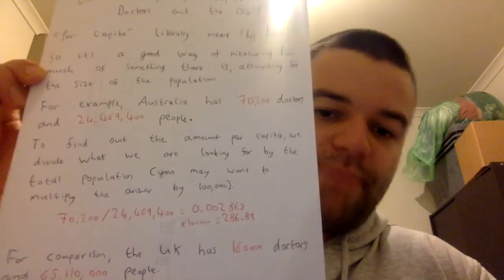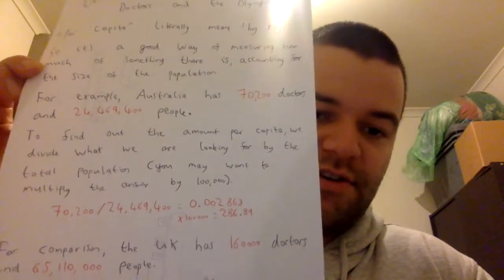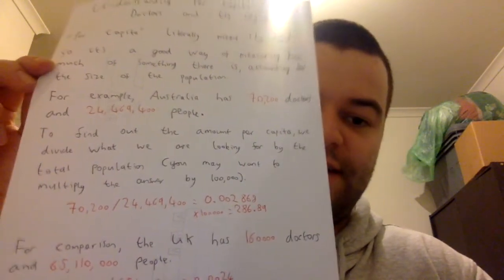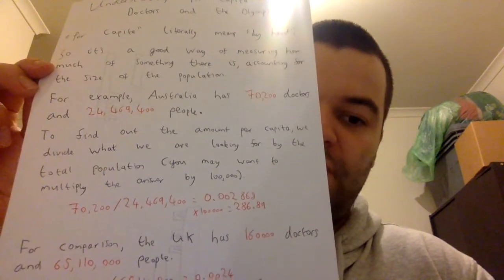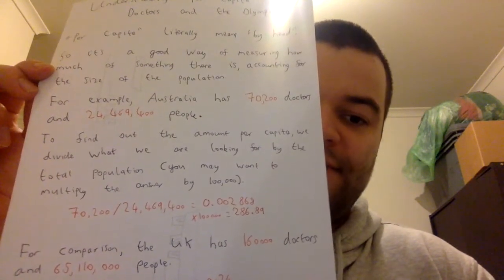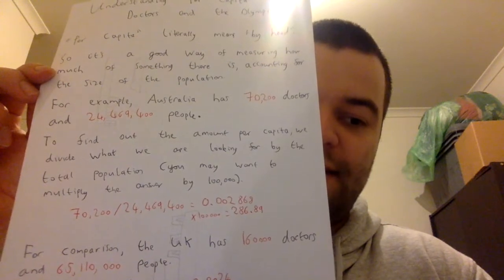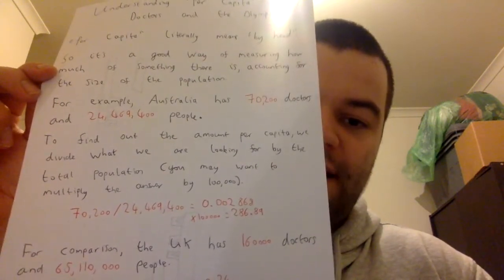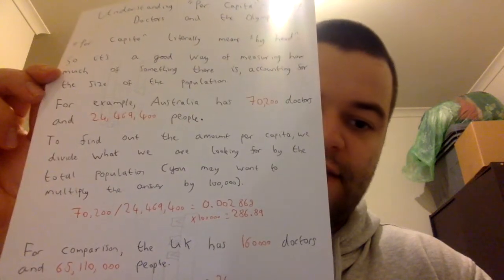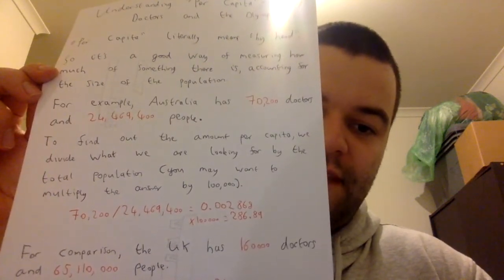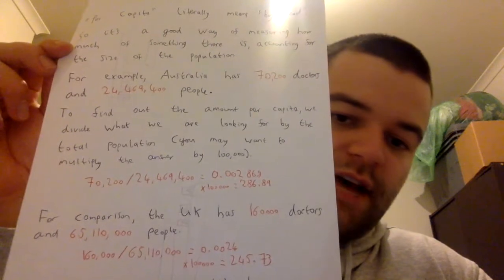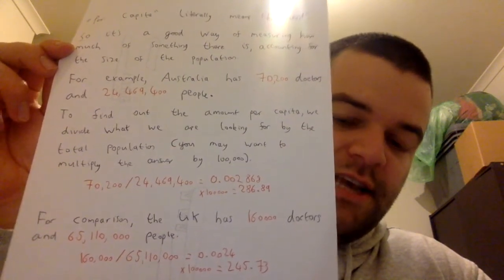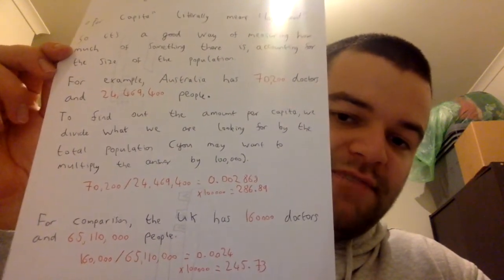Now the UK has 160,000 doctors, so it has more doctors than Australia does. However, you'll notice the population is also larger. There are 65,110,000 people. So again, to work it out per capita, I need to divide the number of doctors, 160,000, by the 65 million people. So if I do that and then times the answer by 100,000, it ends up at 245.73.